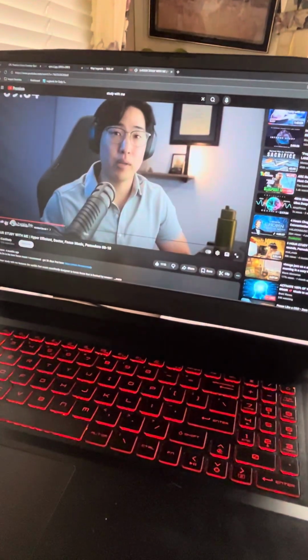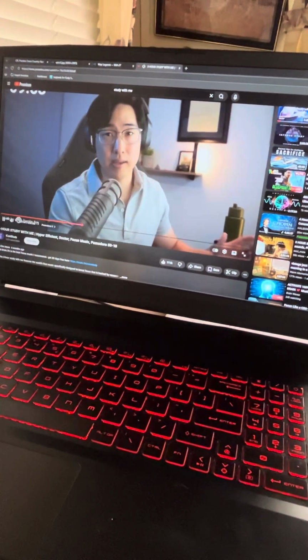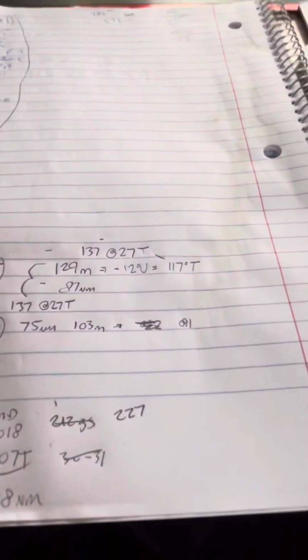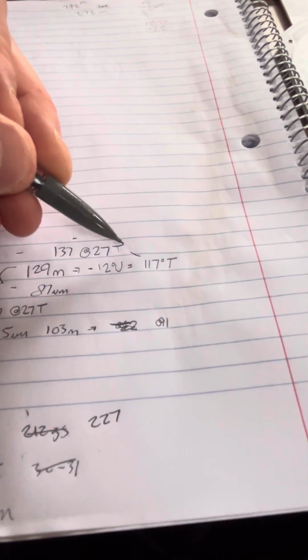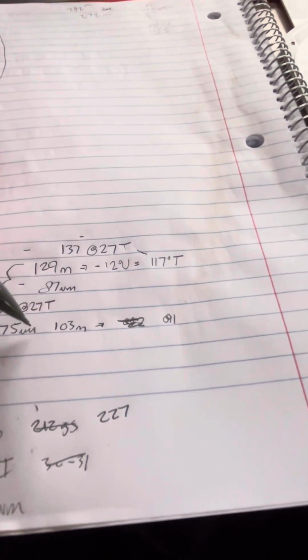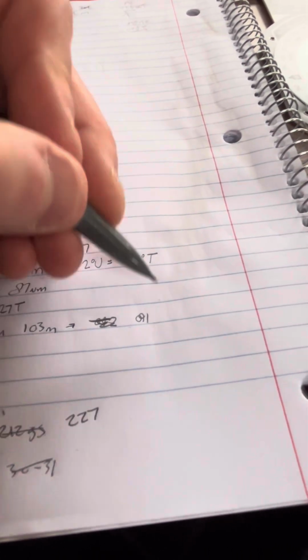Okay, so now that we have our first leg distance, we have everything converted to true. We have our second leg distance, and we have everything converted to true.